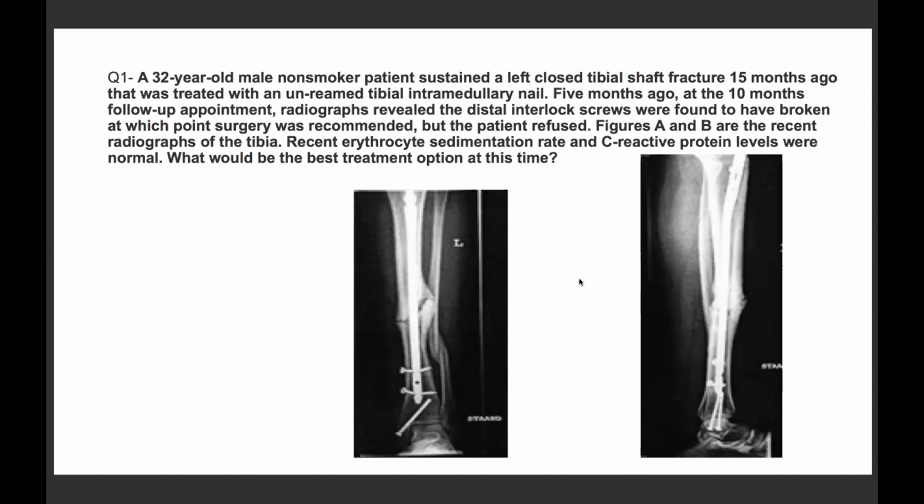And the periods and the broken screws and the hypertrophic fracture characteristics are all pointing towards that. That does not mean you shouldn't culture, you should culture, but I think it's kind of safe to assume that there is no infection. Let's see the options.